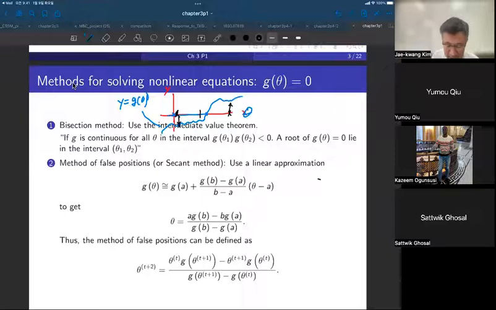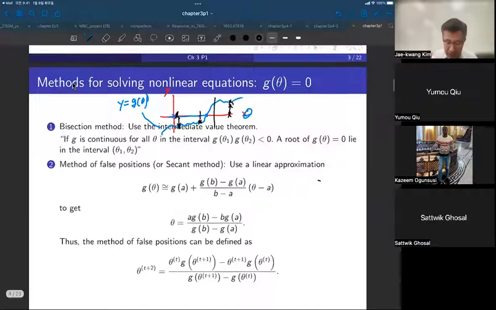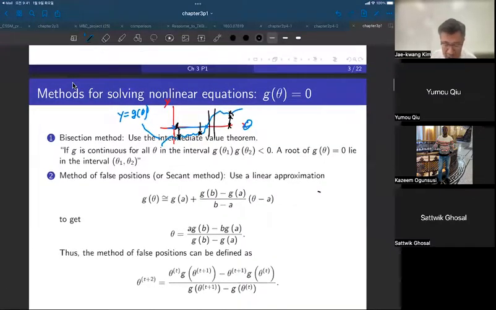Check the sign here, negative and positive. That means the solution should be in the right side of the two bisections. If you keep doing this, you reduce the length of the interval by half for each iteration, until you have a small enough interval, and then you can get the solution.